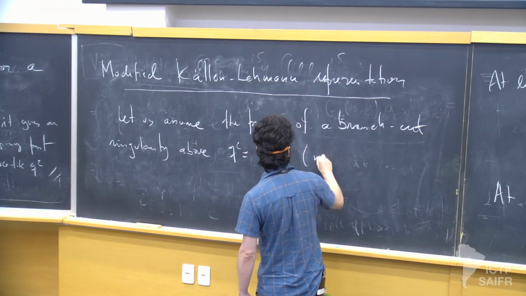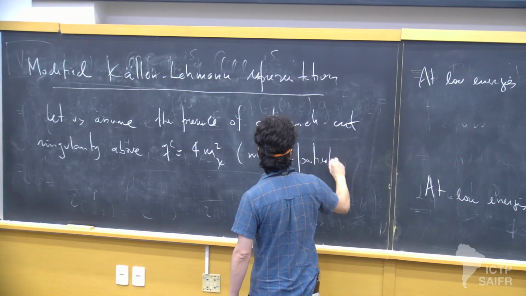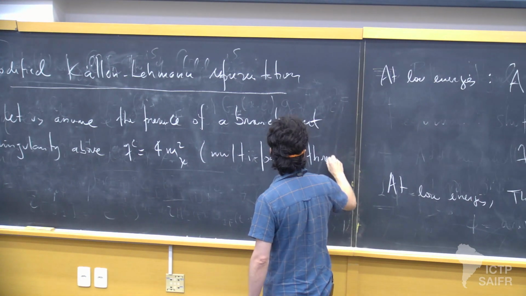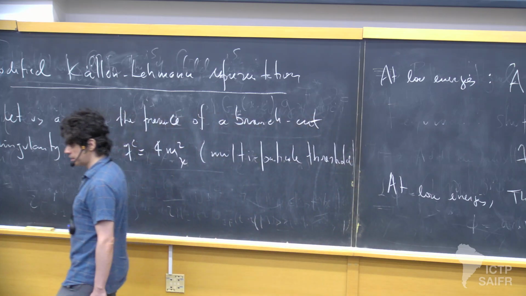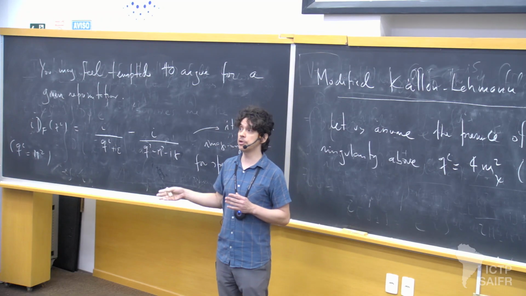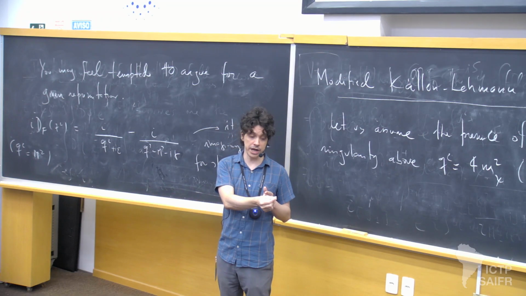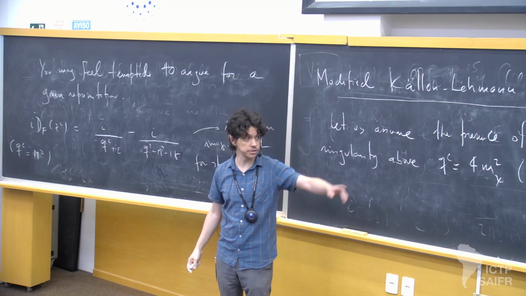This is the multiparticle threshold. So that means that energy is greater than this. The propagator associated with the particle acquires an imaginary part in the mass, just like we did.